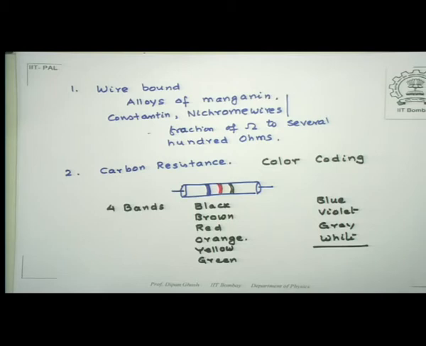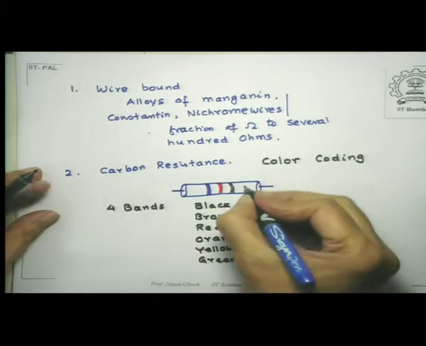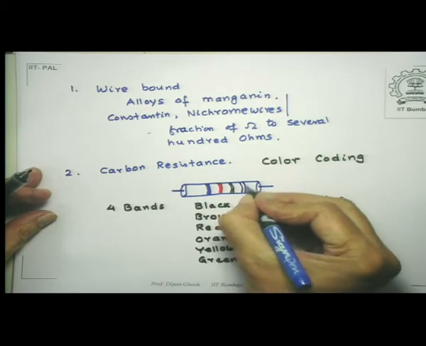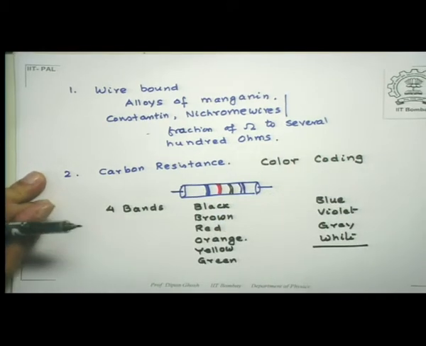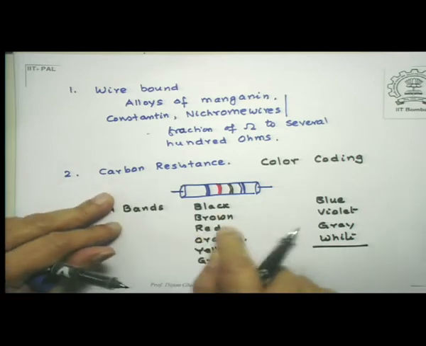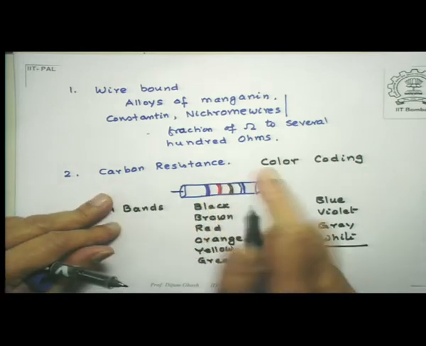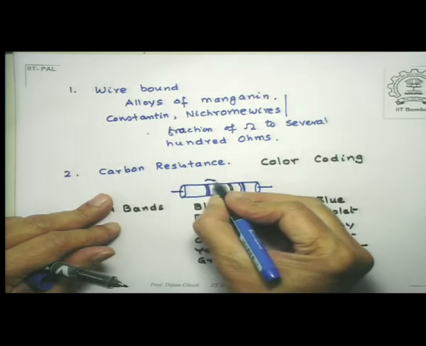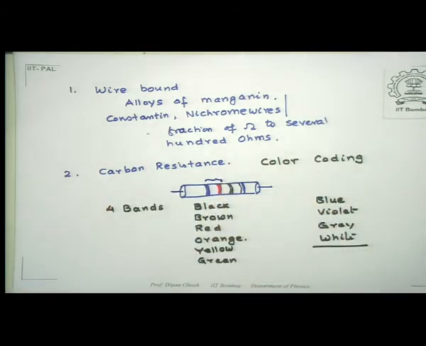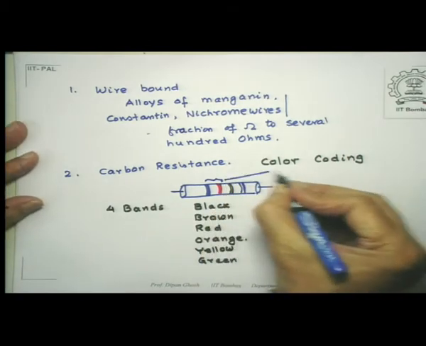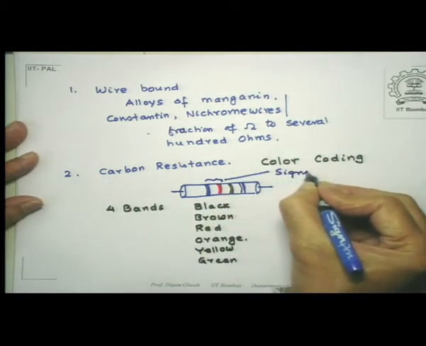So let me explain how this works. Typically, these are 4 bands. I have just shown you 3, but let me add another one. Out of this, the first 2 represent the significant figures. So let me explain what it means. So this is significant figure.